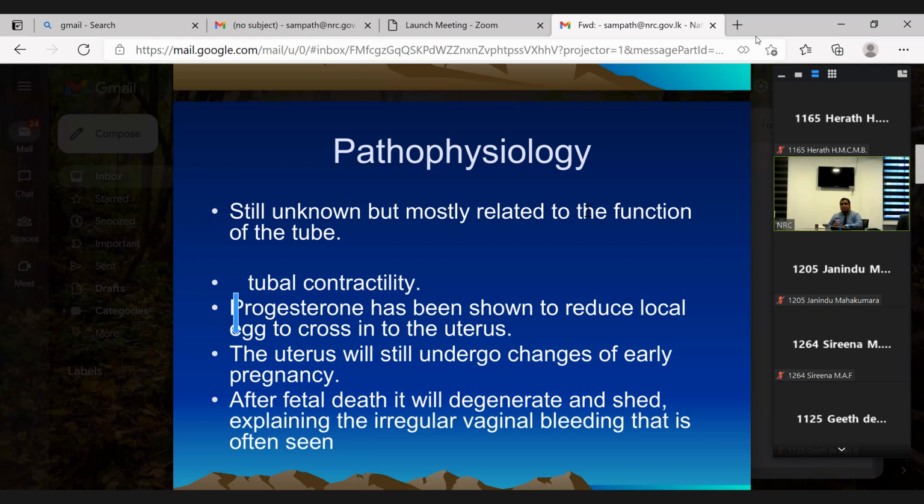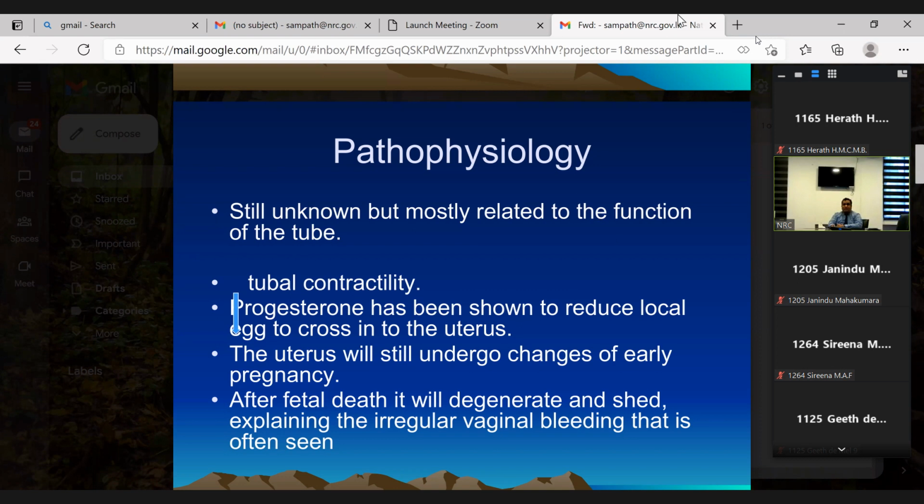Those are the early features of ectopic pregnancy on ultrasound scanning. With an ectopic pregnancy, the uterus will still undergo changes of early pregnancy. And after fetal death or failure, the endometrium will degenerate and shed, explaining the irregular vaginal bleeding that is often seen in ectopic pregnancy.